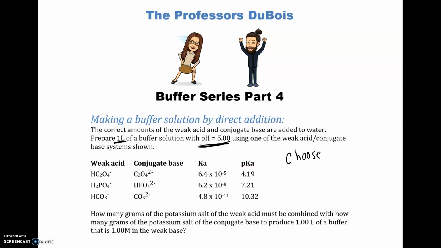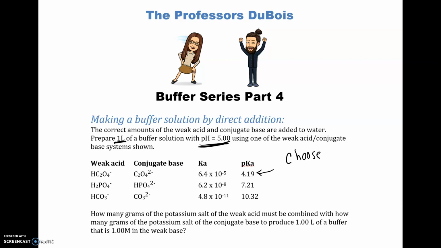The rule of thumb is that the pKa should be plus or minus 1. So we desire a pH of 5, and looking at these different weak acid conjugate base systems, our best choice is this one with a pKa of 4.19. That is the closest to 5.